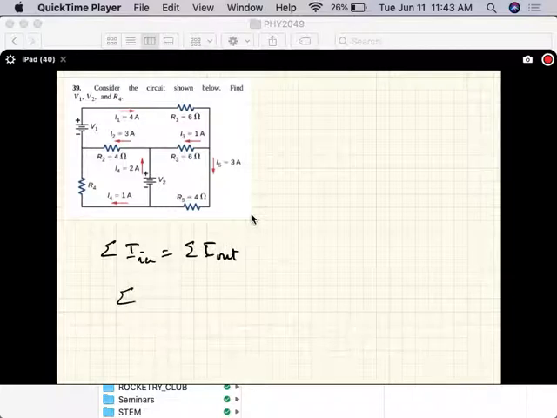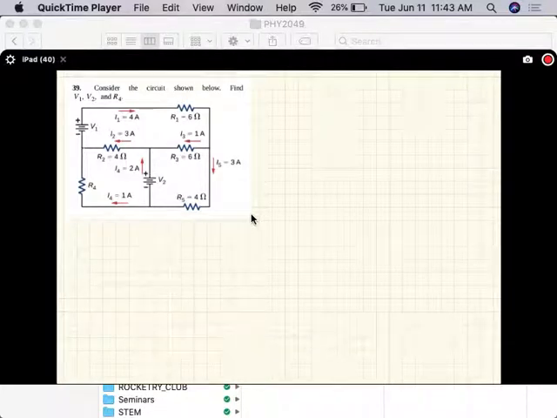Actually, I won't write this. You guys know this. All right, so let's write down equations that involve the unknowns: V1, V2, and R4. What we'll do is use the loop equations: L1, L2, and L3.